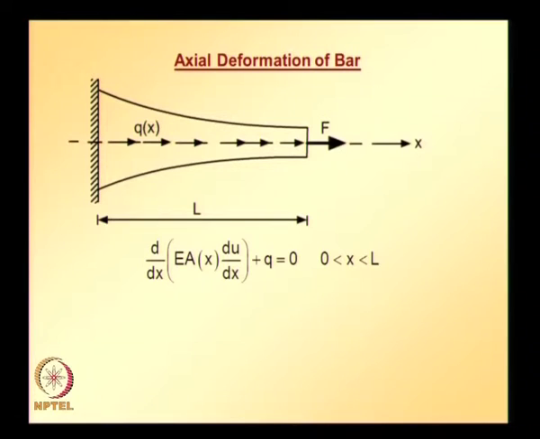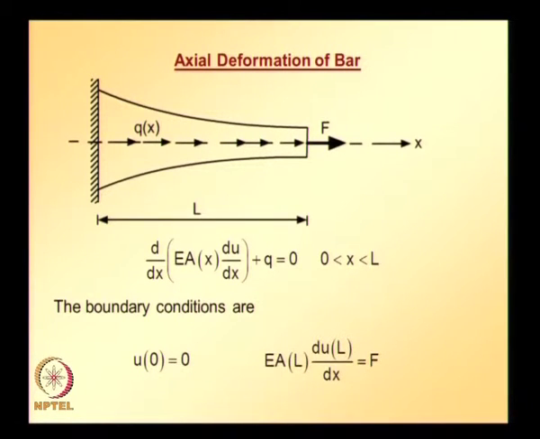And last time we went through the details of how we got this differential equation which needs to be valid over the domain, that is x going from 0 to L, subjected to the boundary conditions, that is displacement evaluated at x is equal to 0 is 0, and force at x is equal to L is equal to the point load.